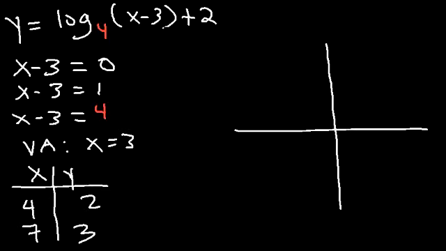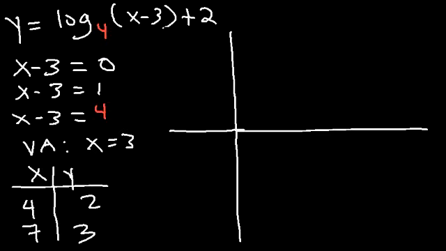So let's begin by plotting the vertical asymptote, which is at, well, first I need a better graph, because the majority of the graph is on the right side. The vertical asymptote is x equals 3.